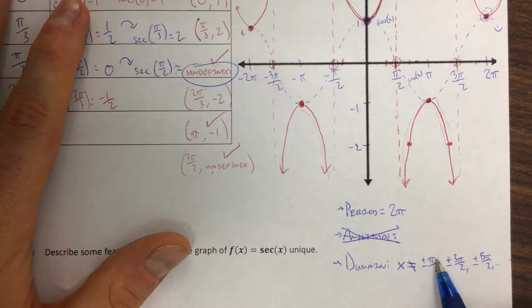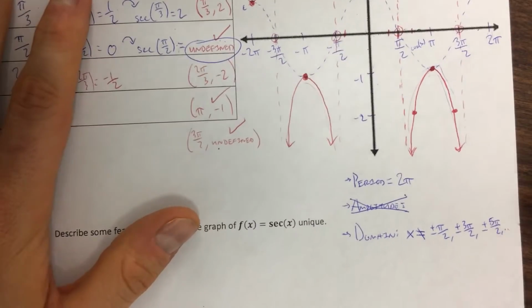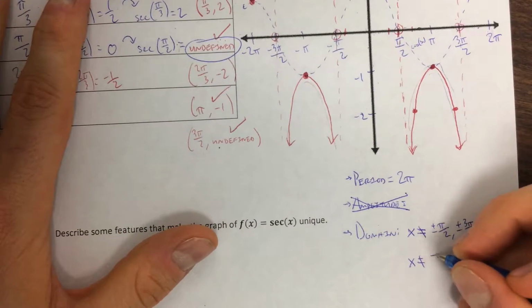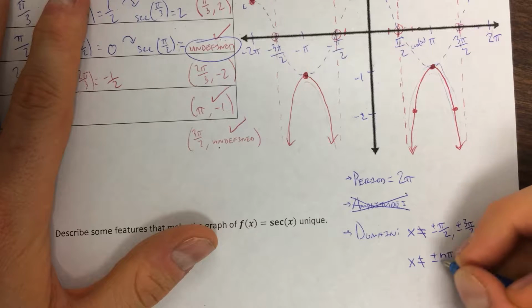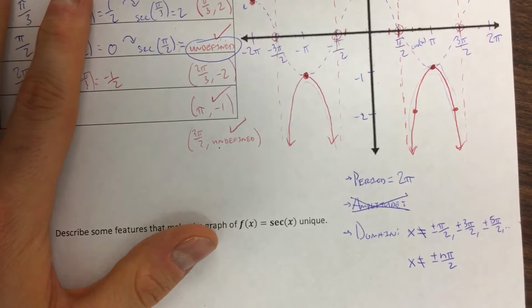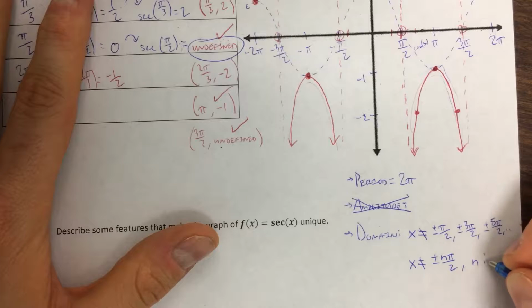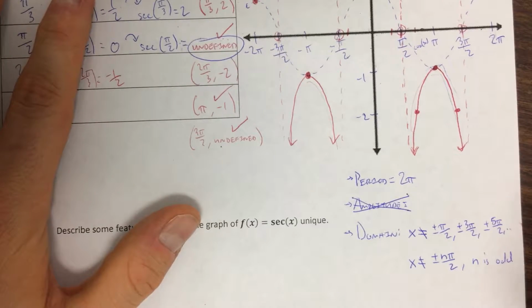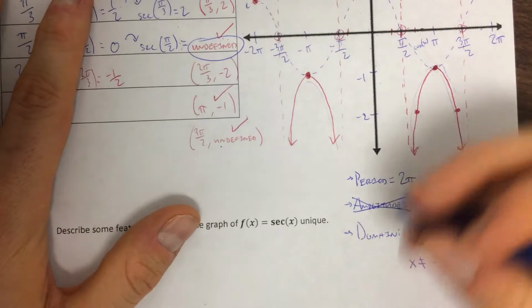So basically any odd number of pi over 2, that's our domain. We could also say x cannot equal plus or minus n pi over 2, so long as n is odd. 1 works. 3, 5, 7, it works. So that would be our domain.